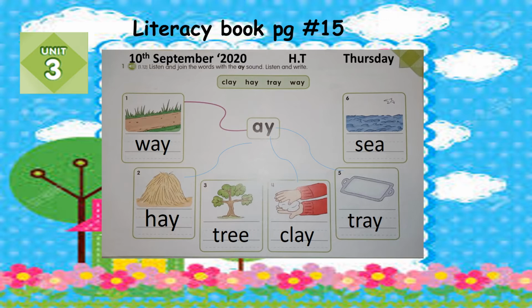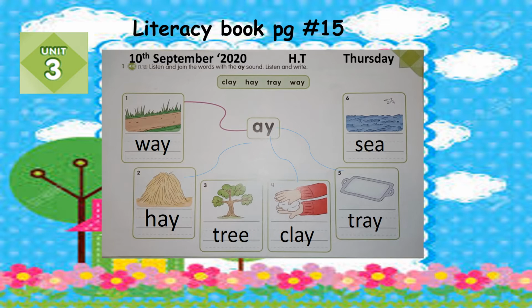It's a picture of hay. Do you know what is hay? It's a dried grass, and it is used as food for animals. Hay, H-A-Y, hay. Then match this picture with a diagram.